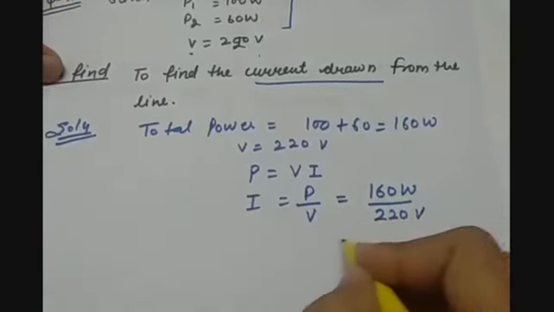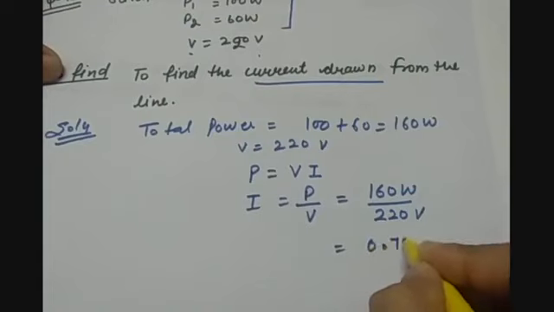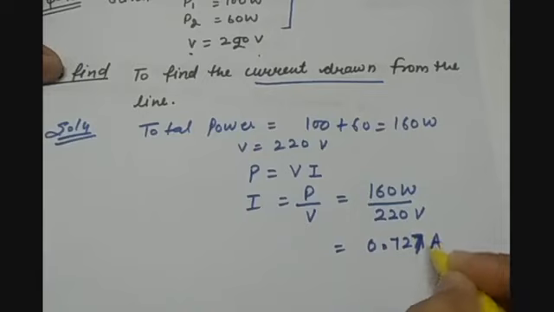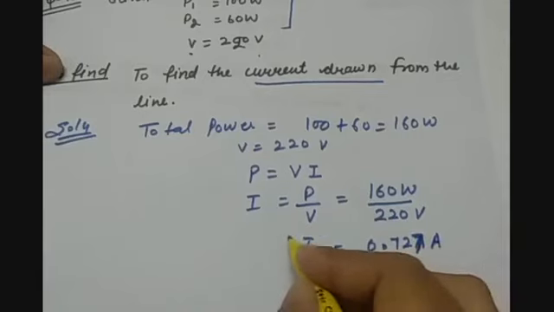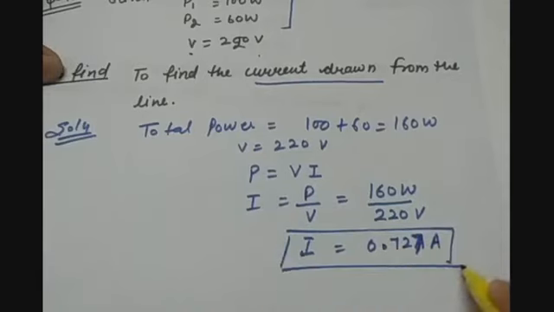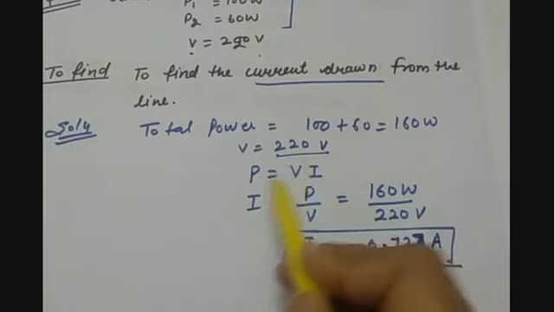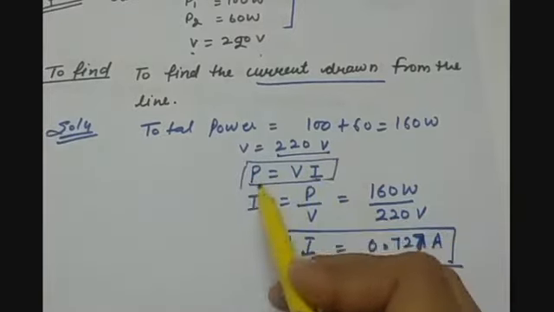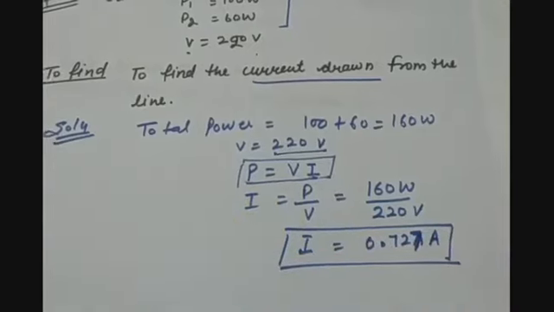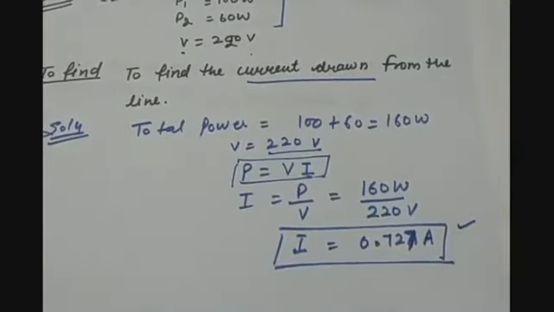So this value comes out to be 0.727 ampere. So this much is the current drawn from the circuit when these two lamps are connected in parallel. So we have total power and the potential difference, so we can use the formula of power V into I. So this is the current drawn from the line.